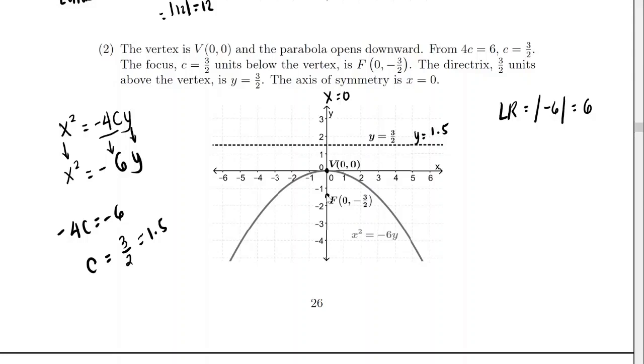So from the focus, we should have 3 units in this direction, 1, 2, 3, and to the other side, 1, 2, 3. So 3 units from the focus. That means the parabola has a curve passing through those points.